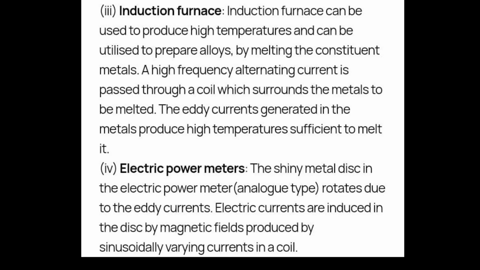Another use is in electric power meters. The shiny metal disc in the electric power meter rotates due to the eddy current. Electric currents are induced in the disc by the magnetic field produced by the sinusoidally varying current in the coil.